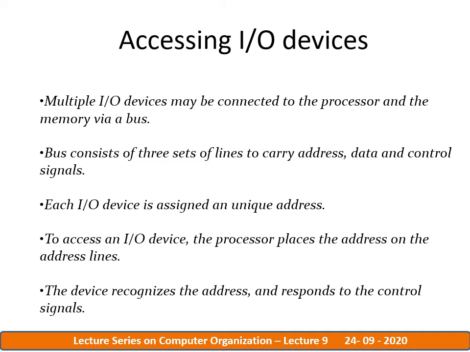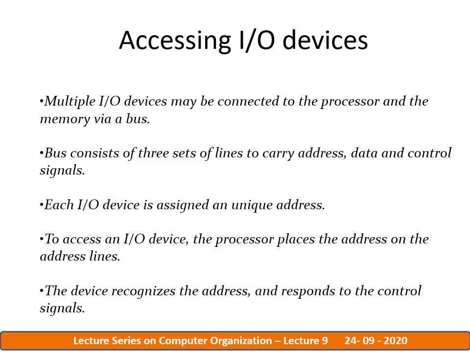How the computer exchanges information, we'll see with the help of a diagram. Here, accessing of IO devices, which has a number of input output devices connected to the common bus.